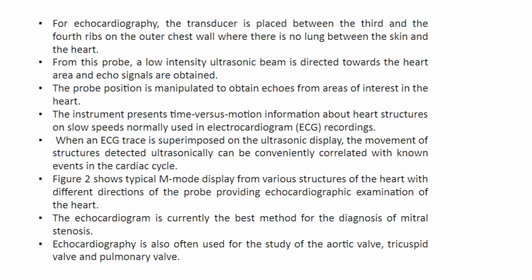From this probe, a low intensity ultrasonic beam is directed towards the heart area and echo signals are obtained. The probe position is manipulated to obtain echoes from areas of interest in the heart.